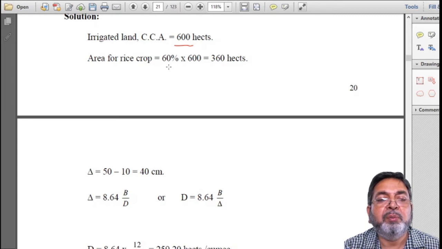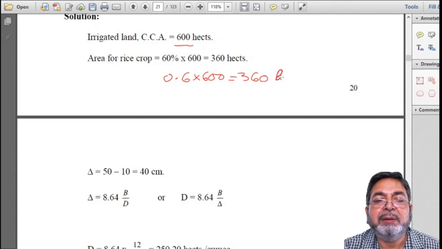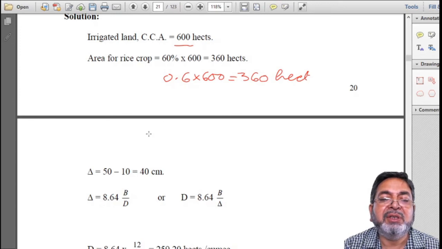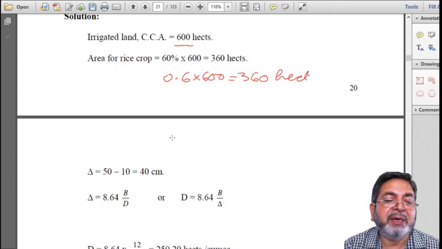So you will multiply 0.6 with 600, and so you will get here 360 hectares of land on which the cultivation of rice will be carried out.